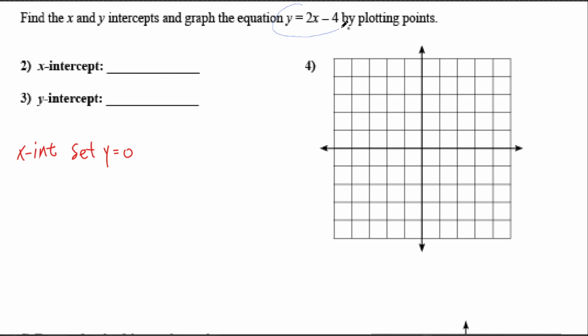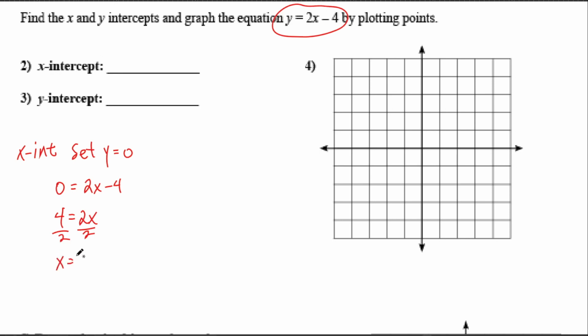So here's our little equation right there. To find the x-intercept, we set y equal to 0. So I'm going to write 0 equals 2x minus 4. Now we solve for x, and that's going to be our x-intercept. Add 4 to both sides. Divide by 2.